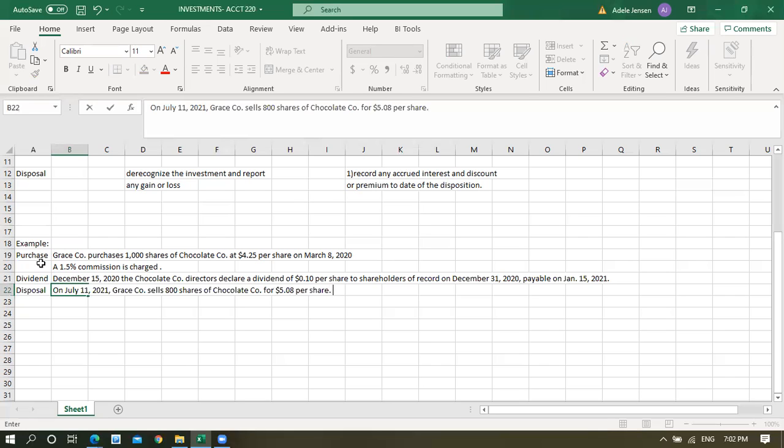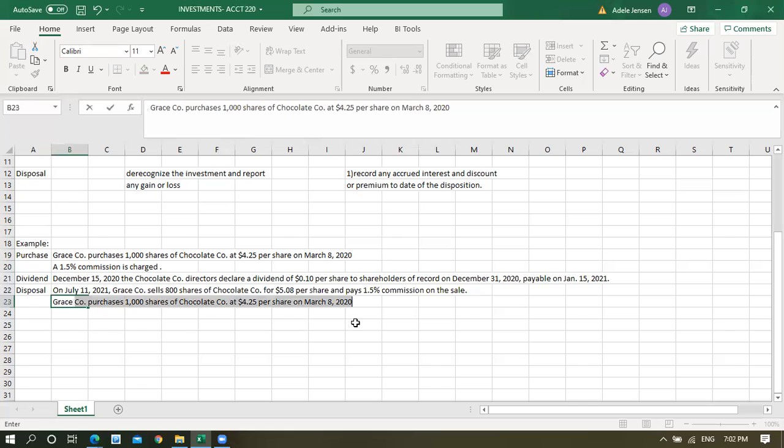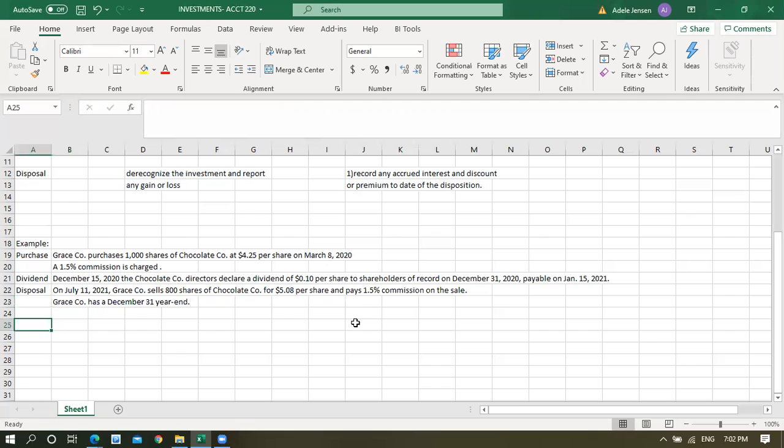So you can notice already that Grace Co. is selling these shares for a higher amount there. Okay. And pays 1.5% commission on the sale. And then just as a note, Grace Co. has a December 31st year end. Okay, so a lot to take in here.